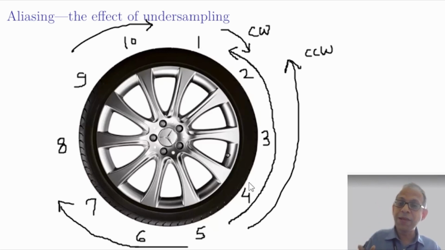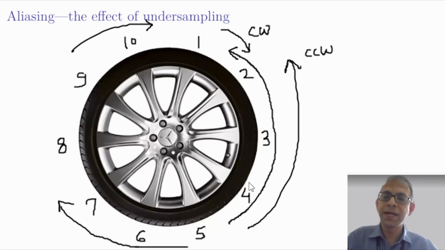Actually, the speed of the wheel has increased in the clockwise direction. We perceive the rotation to be in the anti-clockwise or counterclockwise direction, and the speed appears to be decreasing. This is what is called aliasing. It does two wrong things here: wrong speed and wrong direction.